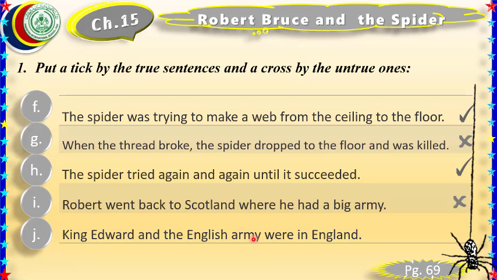After defeating the Scots, the people of Scotland, after winning the battle, Edward I left a lot of army in Scotland. The whole army was not in England. That is why this part will also be a false statement.